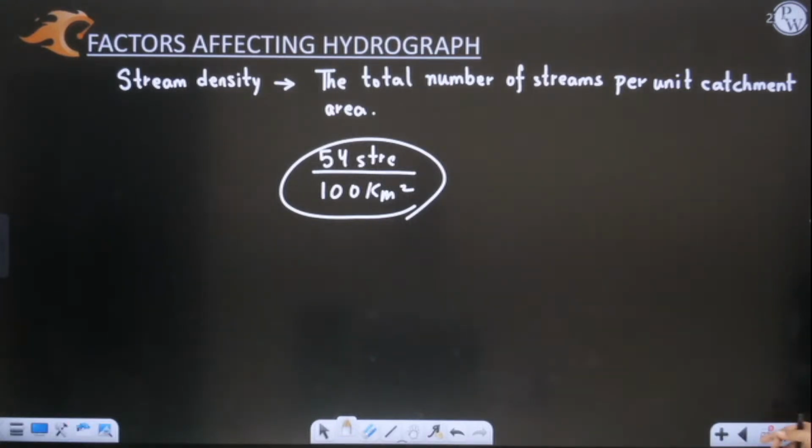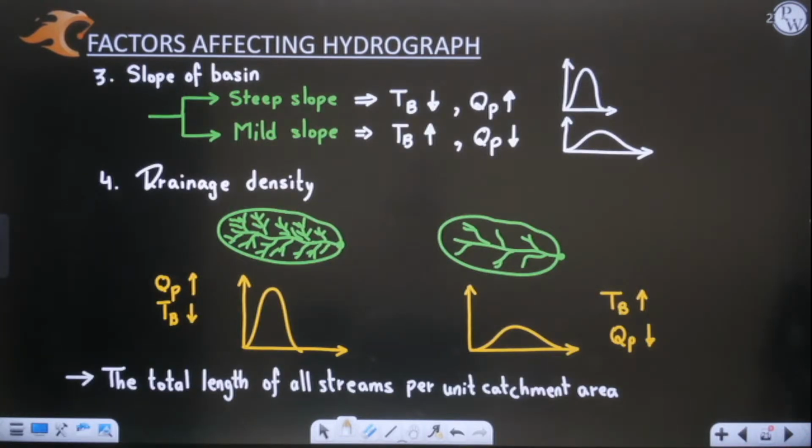So we have discussed 4 factors till now. More number of drains, more the length of drains, faster is the runoff, and you will see that water will drain off quickly.